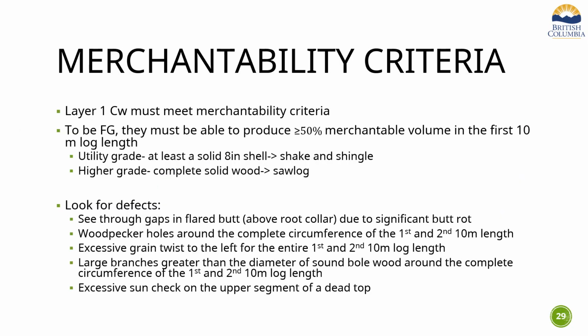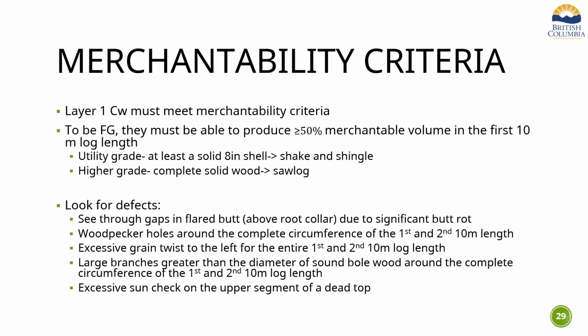Before we move on to the combined understory data collection, I want to quickly cover the merchantability requirements. These criteria only apply to cedar. For any layer 1 cedar to be crop, it has to meet these. However, there isn't anything necessarily to report under the forest health damage section if these aren't met. So, what's the criteria? For cedar to be crop, they must be able to produce more than 50% merchantable volume in the first 10-meter log length.